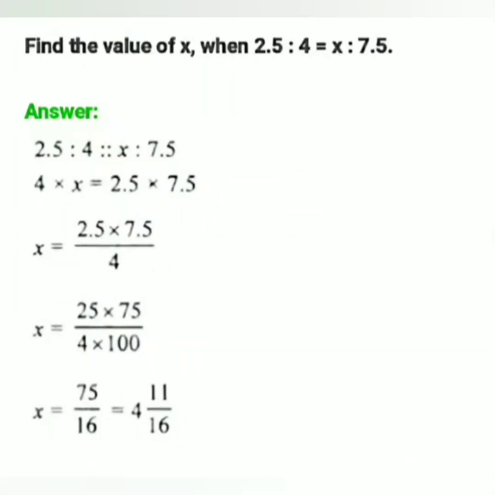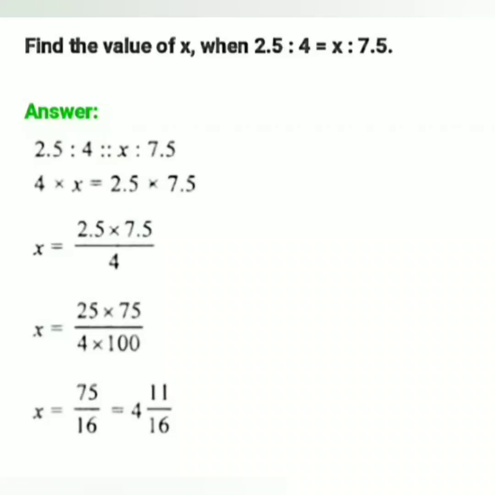Question. Find the value of x when 2.5 is to 4 is equal to x is to 7.5. Here we have to find out the value of x. 2.5 is to 4 is equal to x is to 7.5.